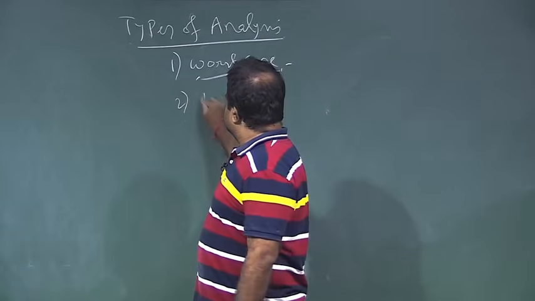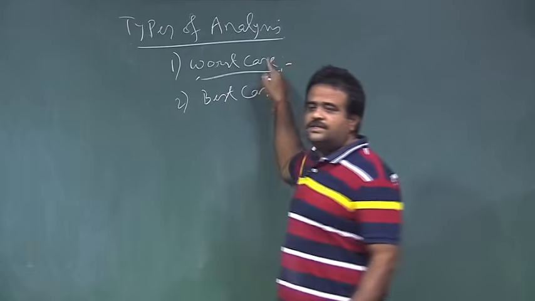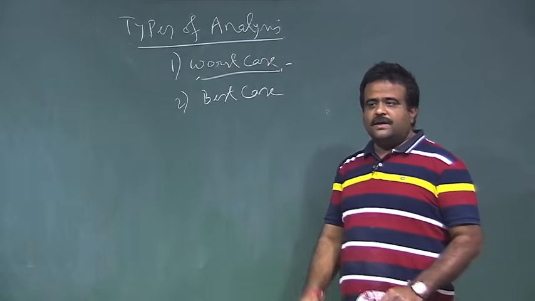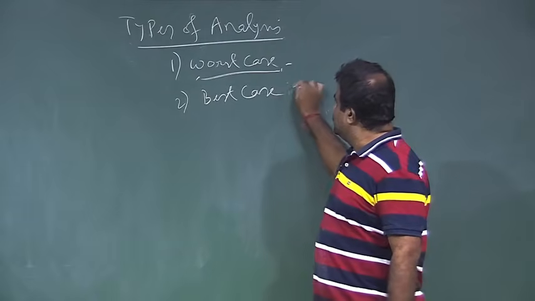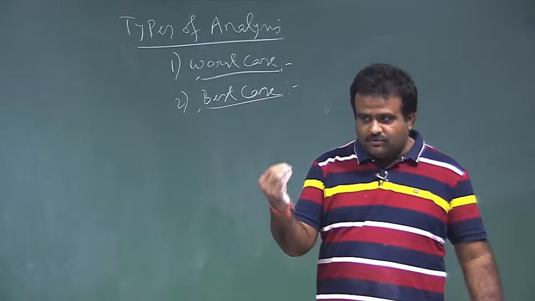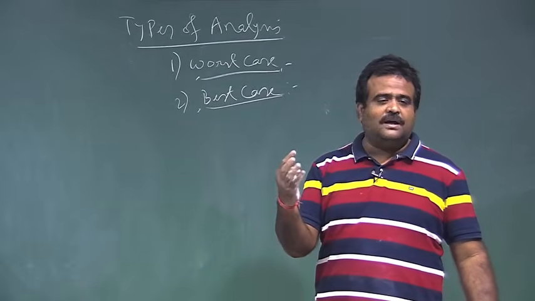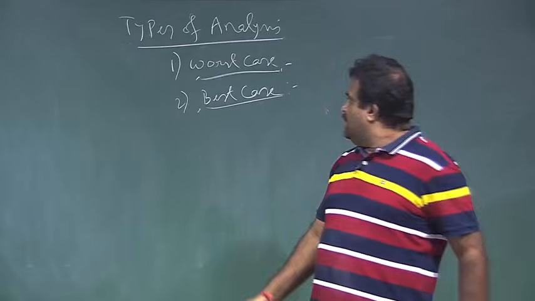And the best case. The worst case for insertion sort is if the input is reverse sorted, then it takes maximum time. And the best case is if the input for insertion sort is already sorted, then we are spending less time to sort it.